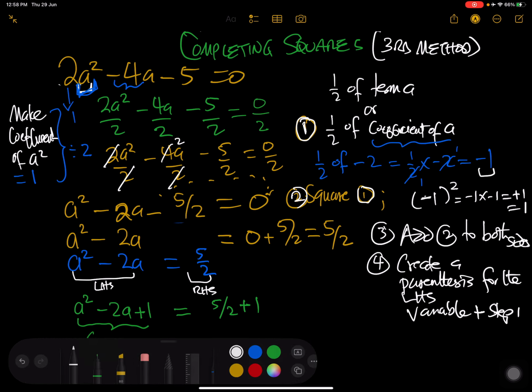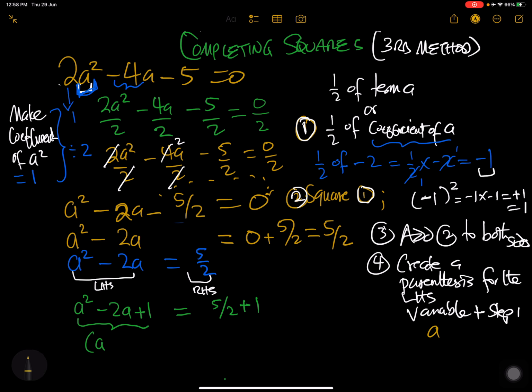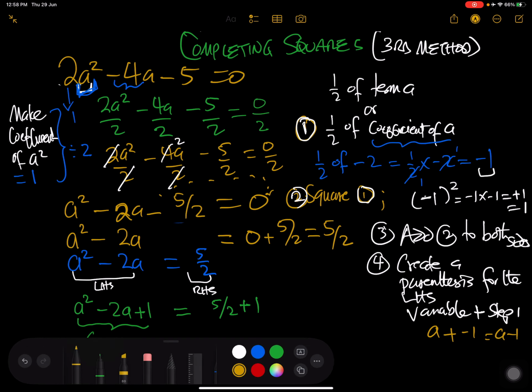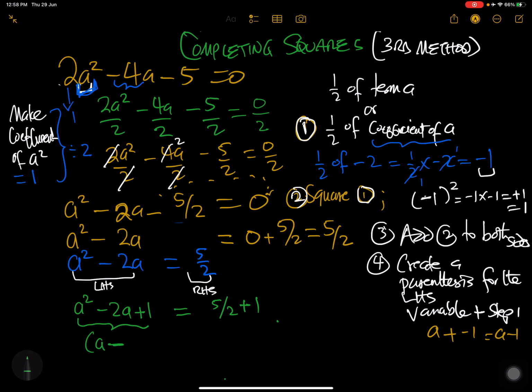What's the variable here? In our case, the variable is a, and then plus step 1. What's our step 1? Our step 1 is -1, and a plus -1 is actually a minus 1. So here it's going to be a minus 1, and on the right we are going to get 5 over 2 plus 1.